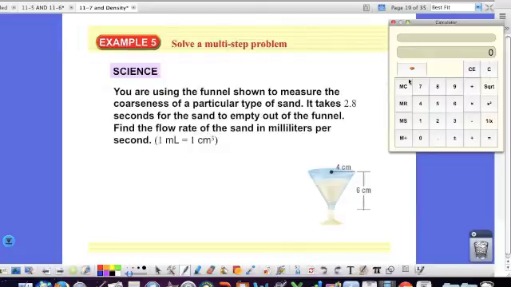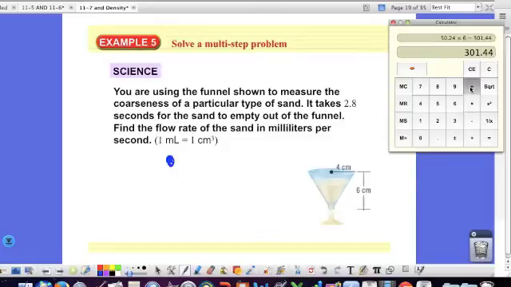So to find the volume here, 4 squared is 16 times 3.14. That is the area of the circle. The height of this is 6.